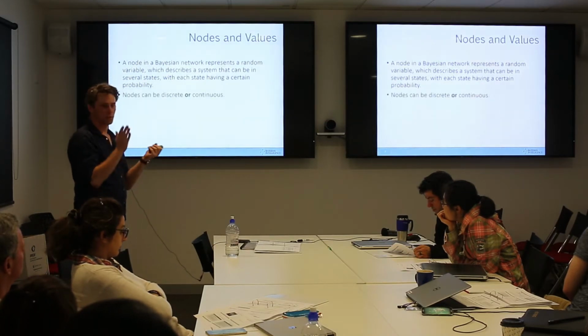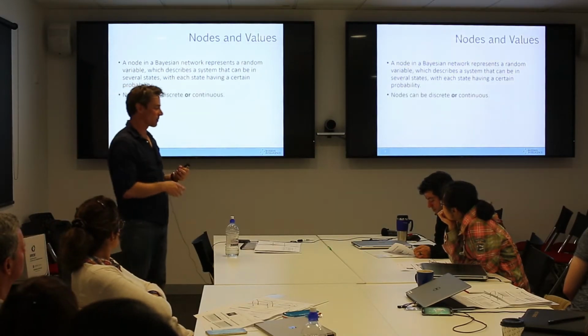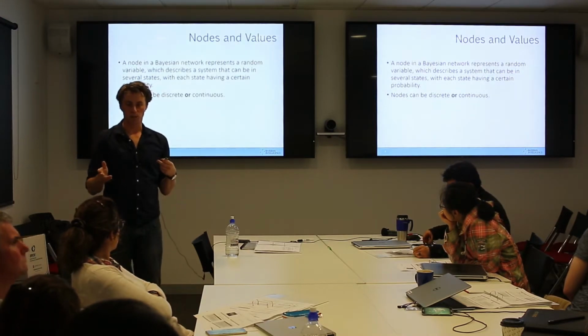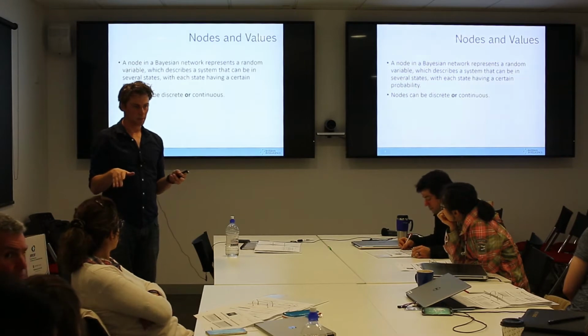It could be discrete, as in it could be true or false or high or low, or it could be a continuous distribution as well. So within Bayesian network theory, we have all that.